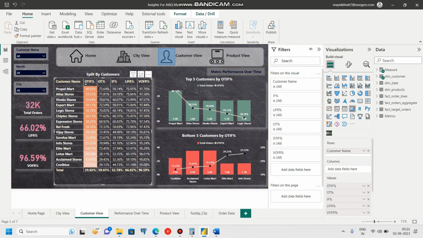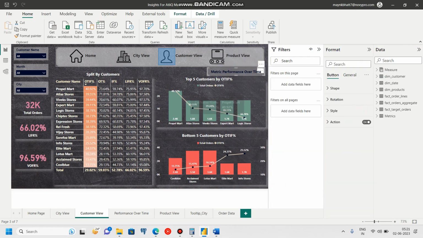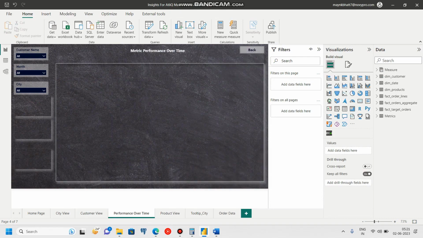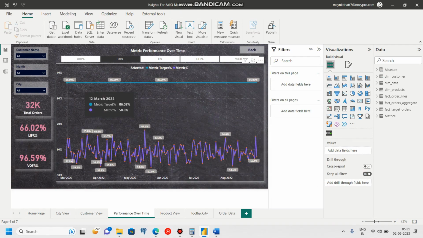Now, I also have a metrics performance over time visual. Let's try to look into that visual and check what is happening there. These are the metrics that we are using for this visual, and it is a comparison against their target numbers.